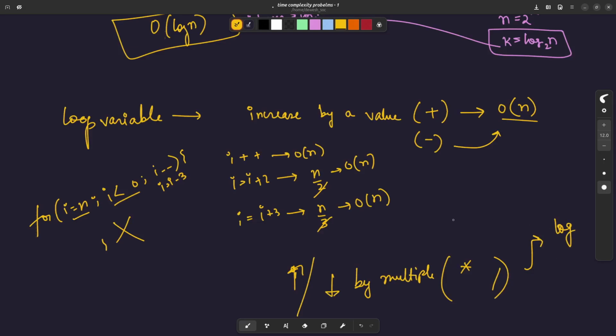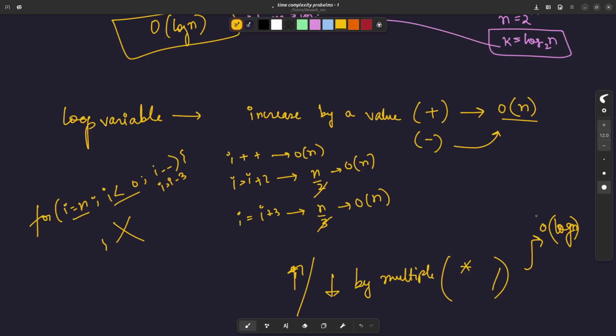It will depend. If you are multiplying by 2, then it is log base 2 of n. If it is multiplying by 3, then it is log base 3 of n. But it will be big O of log n, because at the end you will ignore all the constants. So all that will go away, only log n will be left. So plus or minus ends up at O(n), multiply or divide ends up at O(log n).